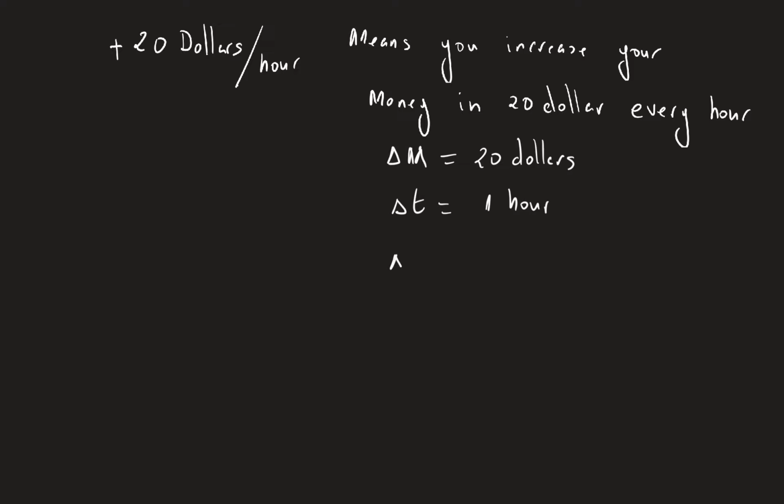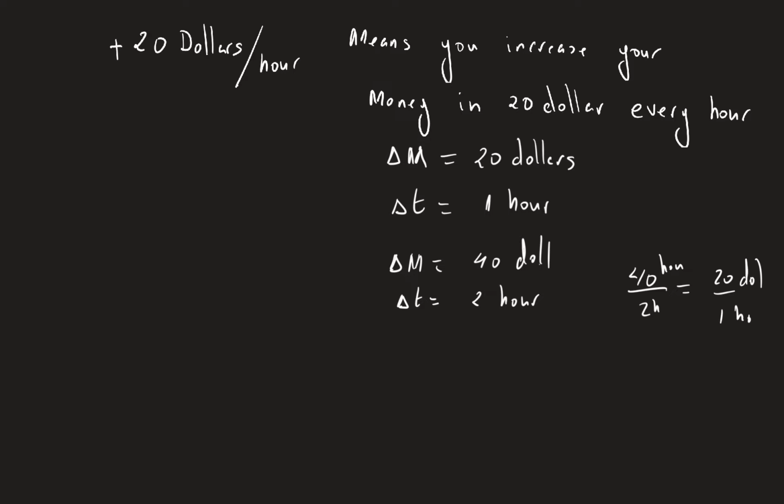The change in your money can be $40 if the change in the time is 2 hours, because 40 divided by 2 is the same as 20 divided by 1. It is the same ratio. So you are working at $20 per hour.